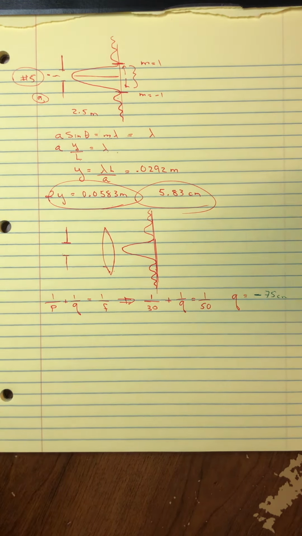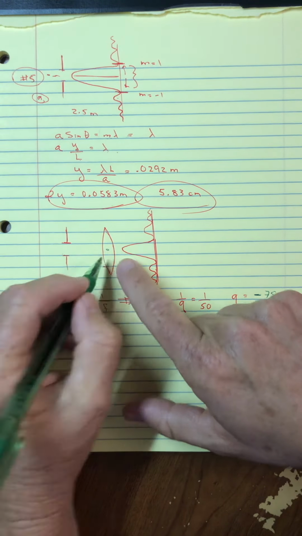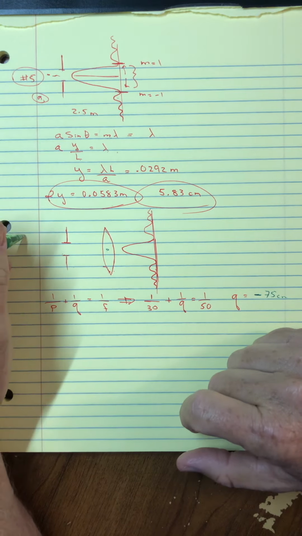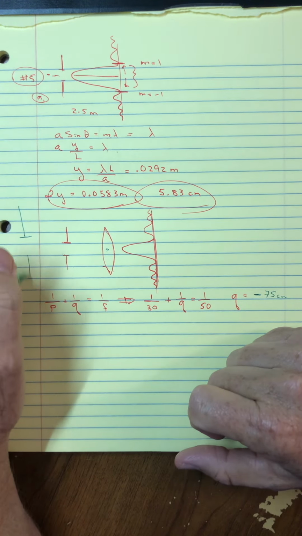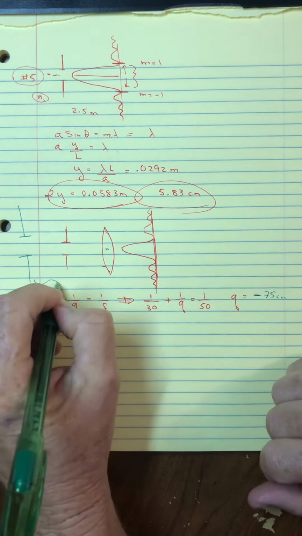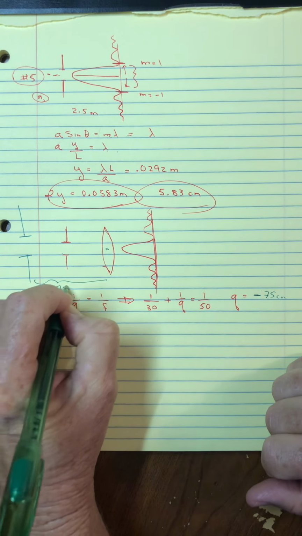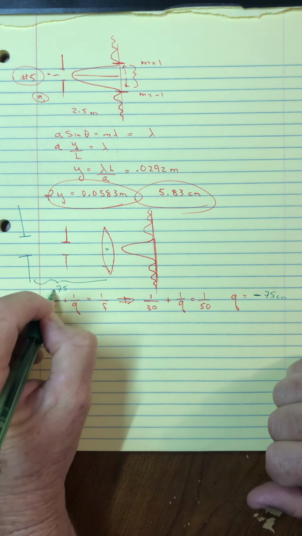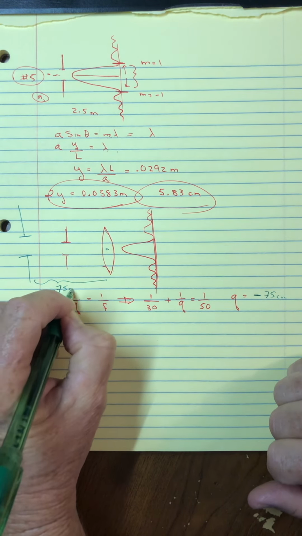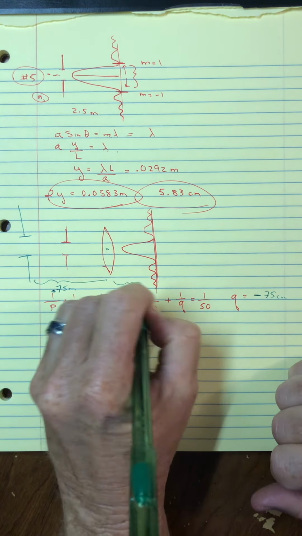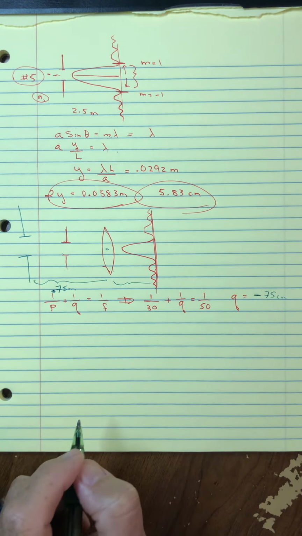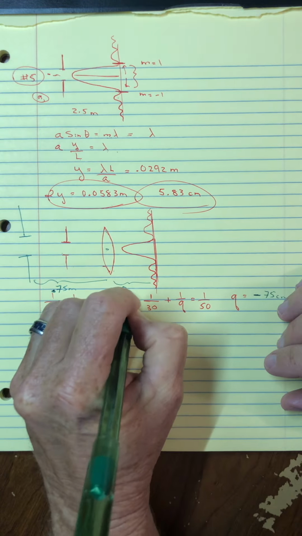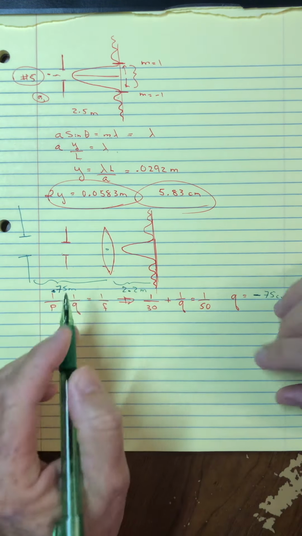Okay, so negative would be on this side of the lens, and it would be way over here somewhere. So that's 75 centimeters. Maybe I'll write it as 0.75 meters, because all the way to the screen, remember, would be another 2.2 meters.